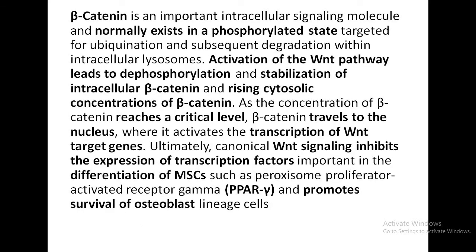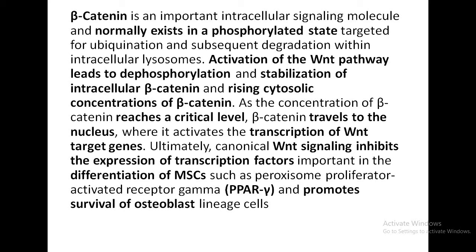Beta-catenin normally exists in a phosphorylated state, so it's important in intracellular signaling. Activation of the WNT pathway leads to dephosphorylation and stabilization of the beta-catenin, and the concentration of the beta-catenin in the cells increases. When it reaches a certain level, the beta-catenin travels to the nucleus.